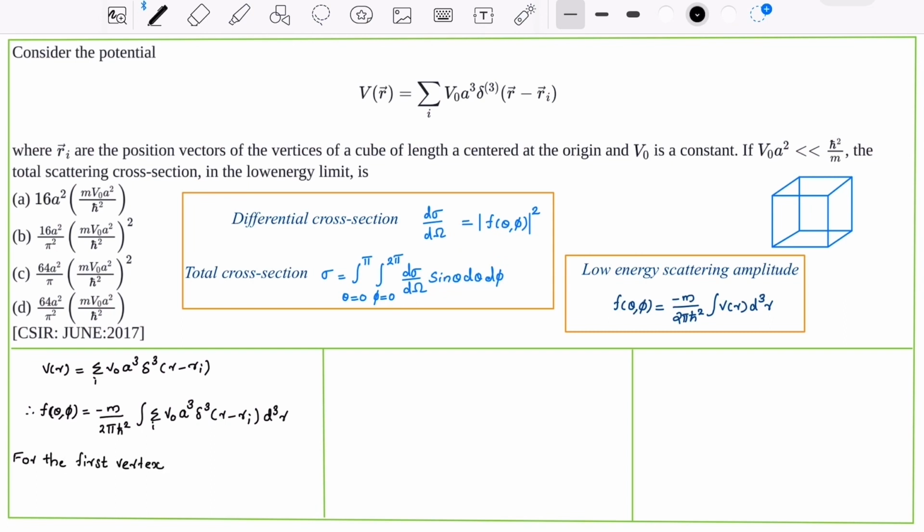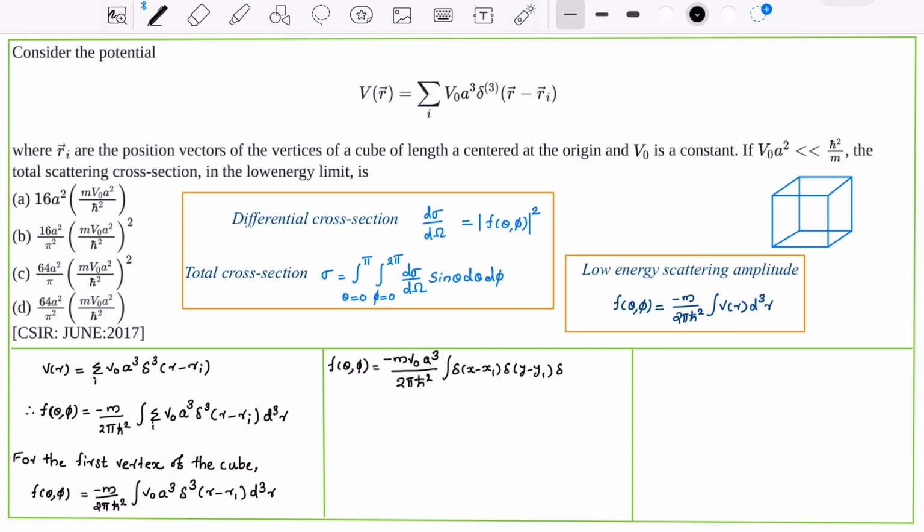Now consider the first vertex. For the first vertex of the cube, the low energy scattering amplitude f of theta phi becomes minus m by 2 pi h bar square integral V0 a cube delta cube (R minus R1) d cube R. We can write it as f of theta phi is equal to minus m V0 by 2 pi h bar square a cube integral delta(x minus x1) delta(y minus y1) delta(z minus z1) dx dy dz, or f of theta phi is equal to minus m V0 a cube by 2 pi h bar square times 1.